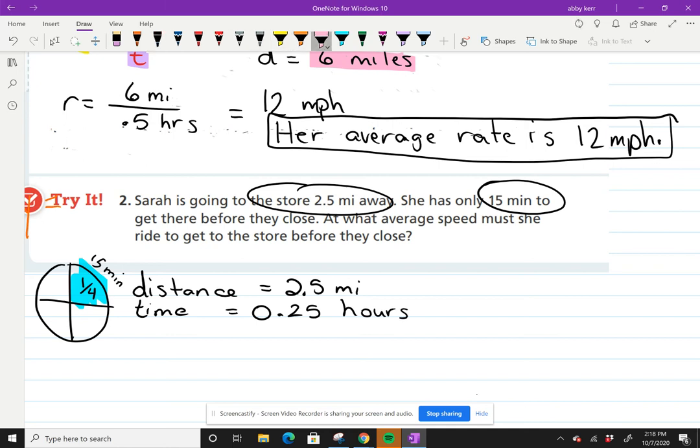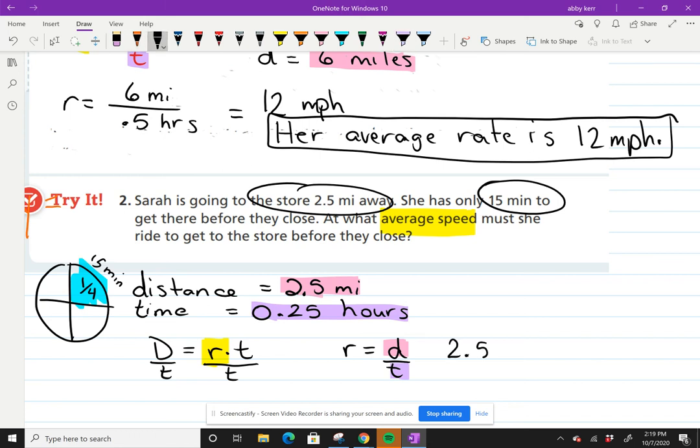Now it's asking us, what is the average speed? So we have that distance equals rate times time. We need to solve for R, which is our average rate. So we're going to divide by T. Now we have R equals D over T. And now we can plug in like we did. Our distance is D, and 0.25 is our time.